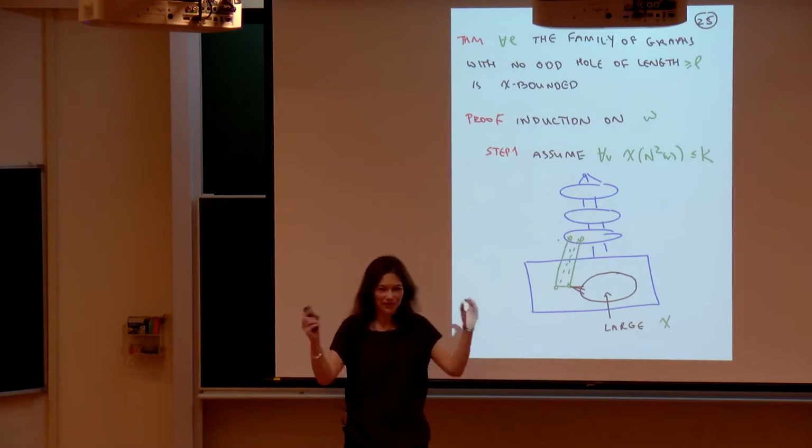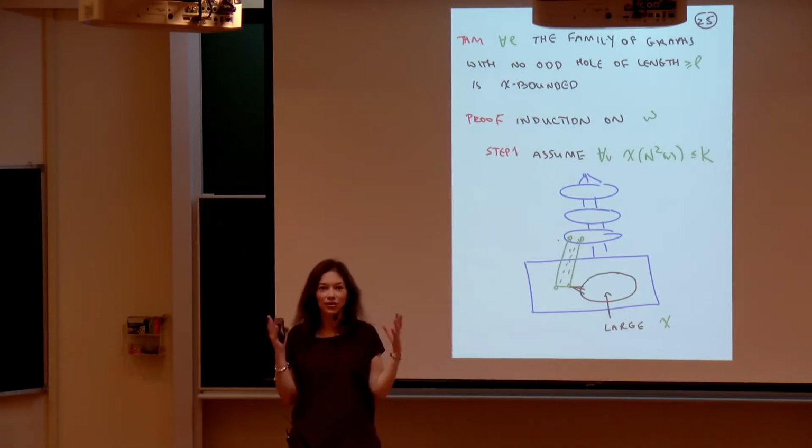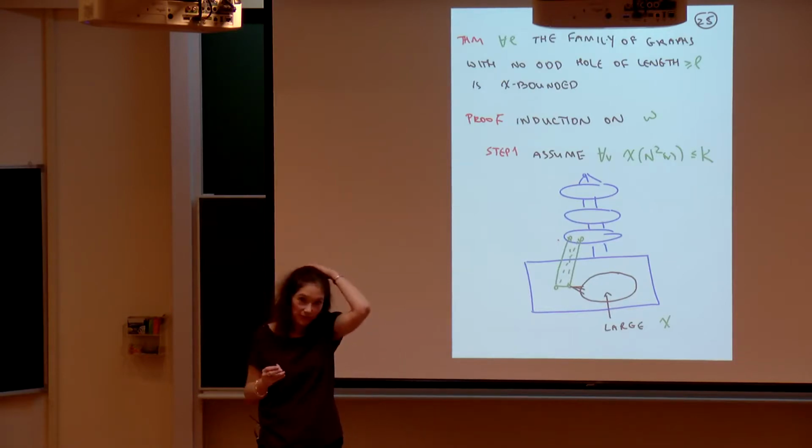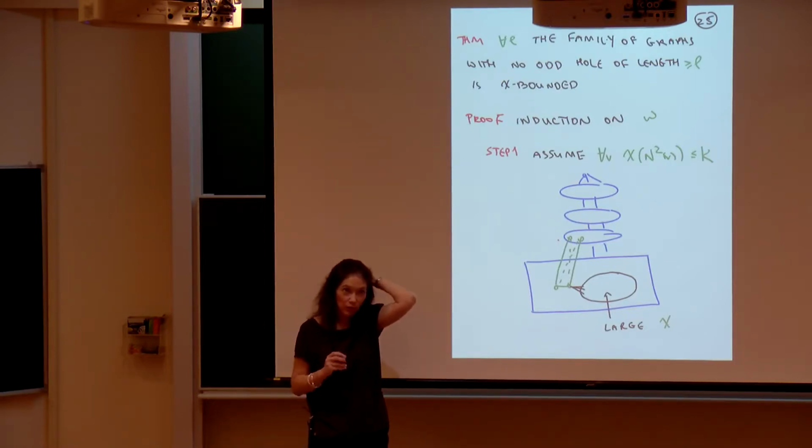Okay, so let me just say again where I am. Now I'm going to show you, not very precisely, how to modify the proof I just did to prove that excluding long odd holes gives a chi-bounded class.